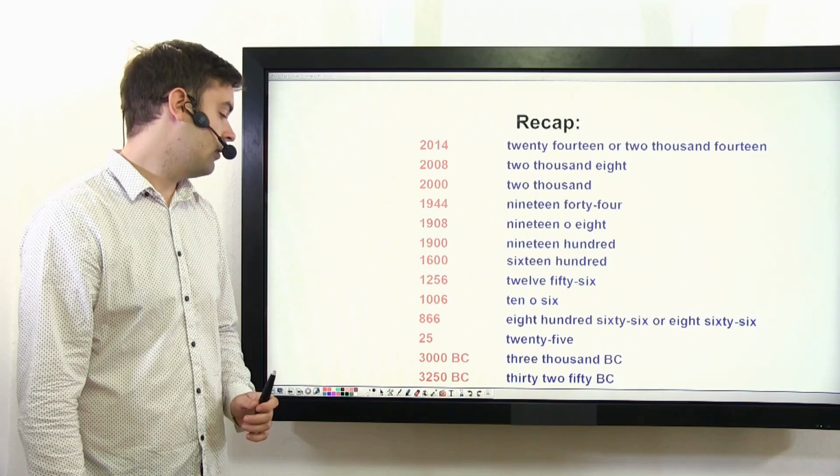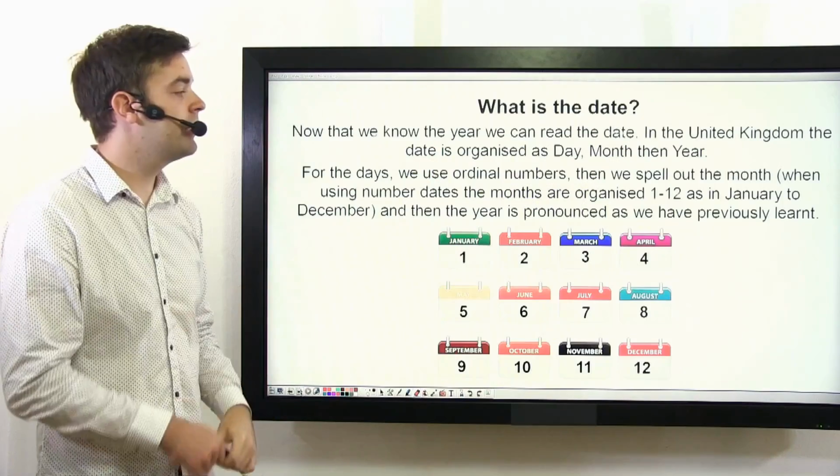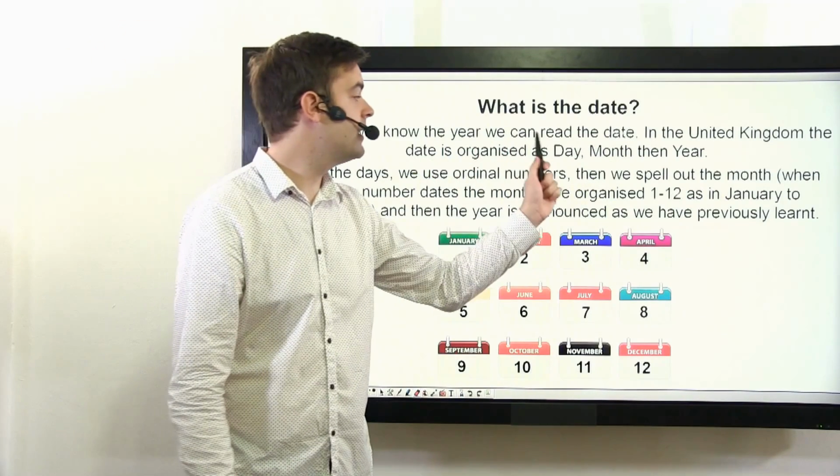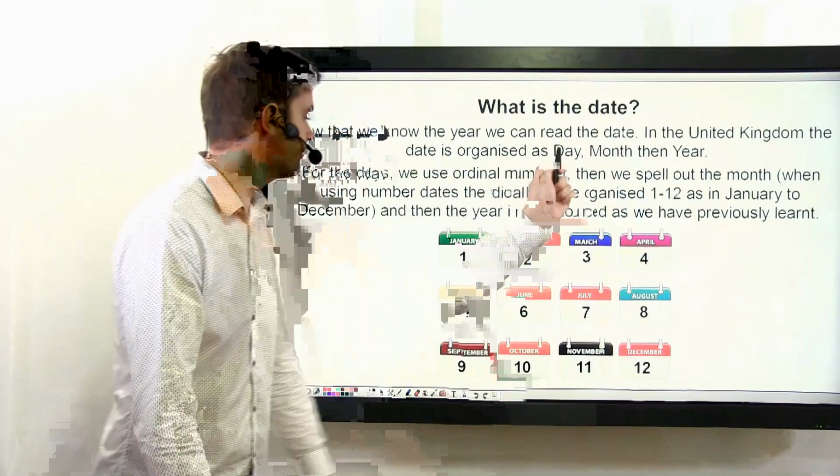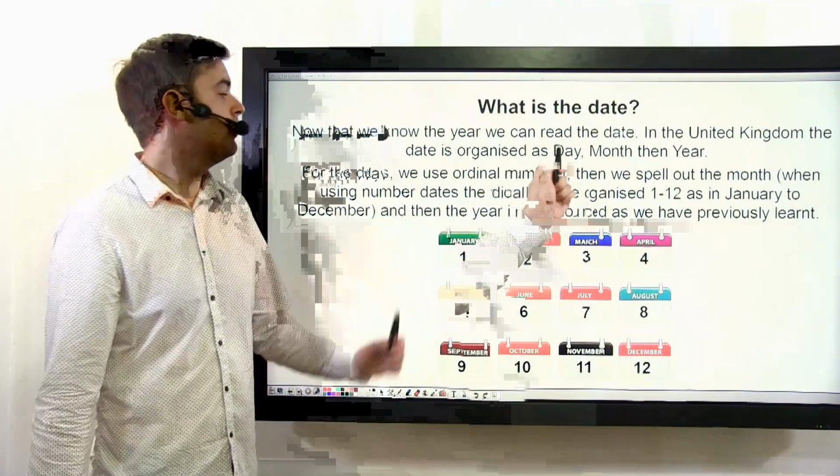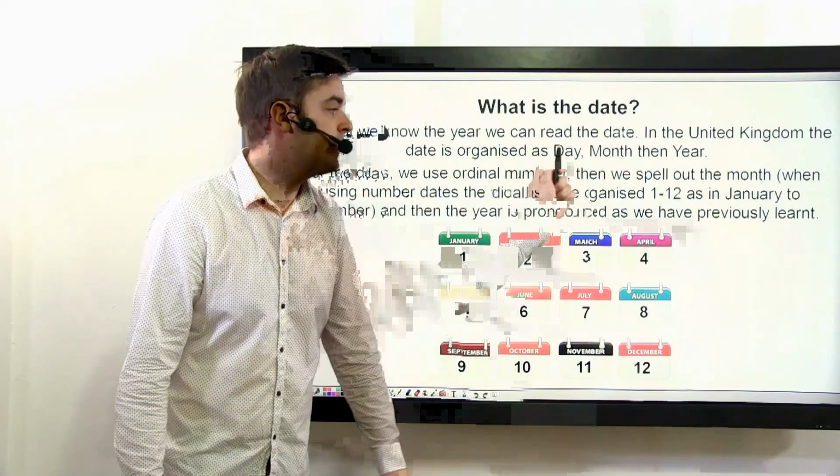The date is organized as day, month, year. For the days, we use ordinal numbers, then we spell out the month.